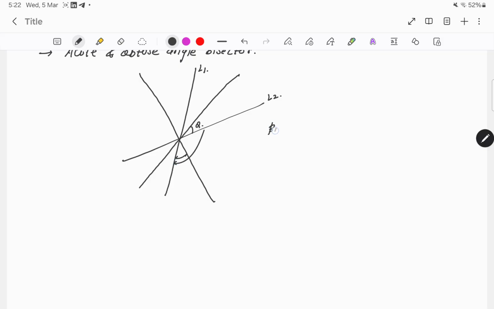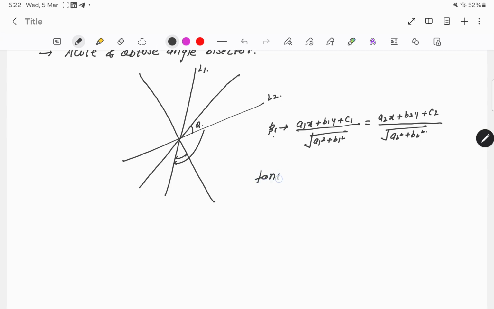Suppose beta 1, that is equation number 1, is one of the angular bisectors. Now what we need to do is, we know the slope of line L1.